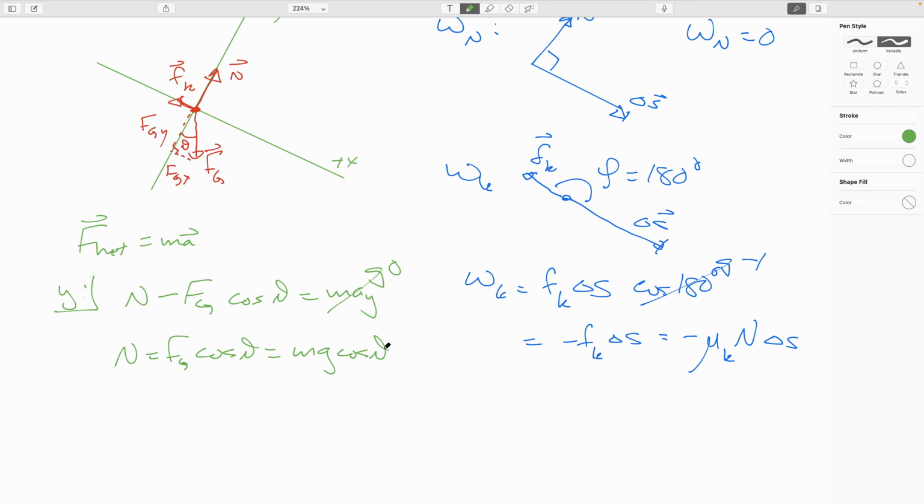Okay, so with that bit of information, we can substitute that in for the normal force to get that the work done by kinetic friction is minus mu k mg cosine theta. Oops, I dropped a delta s.